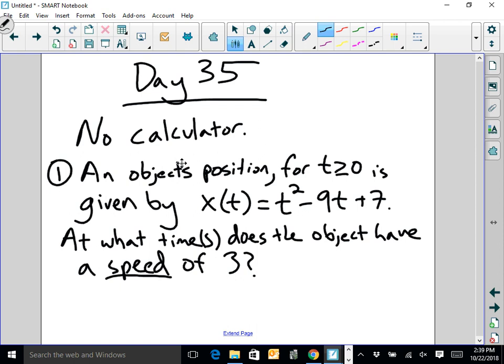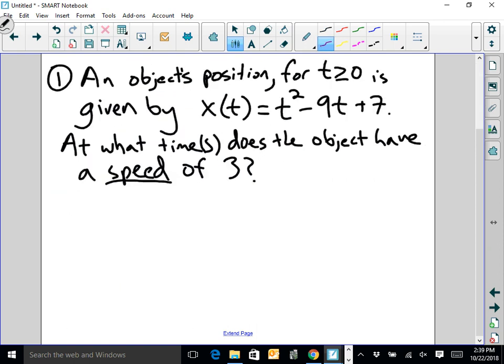The first thing I want to do here is get an expression for v of t. Well, v of t is simply the derivative of x of t.